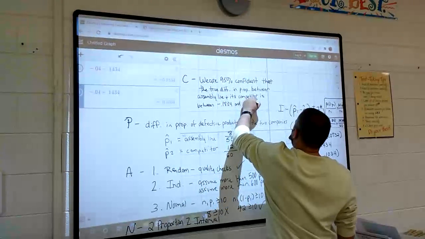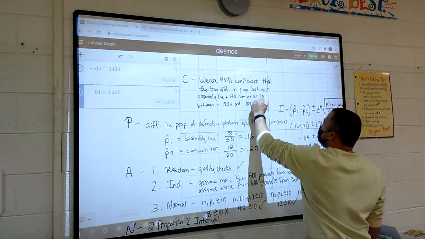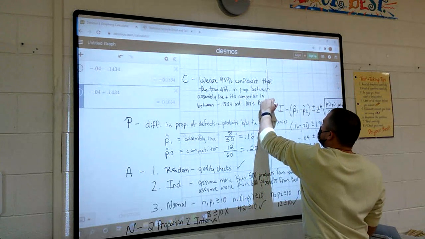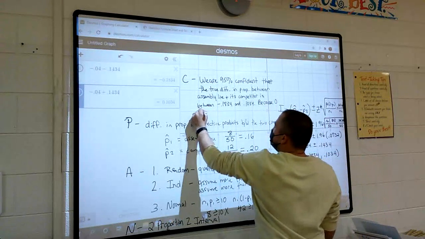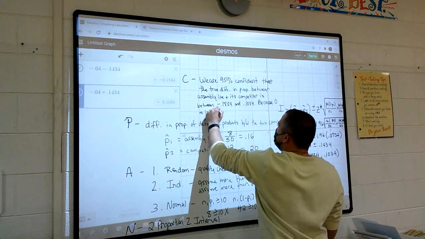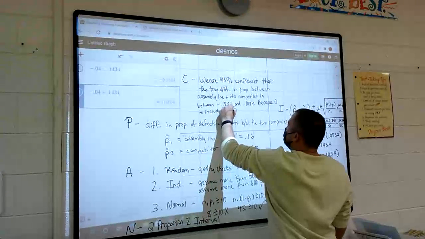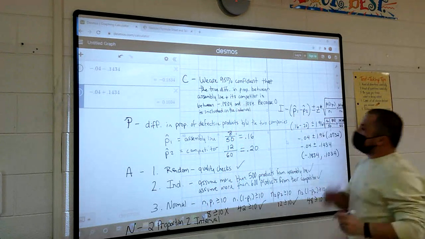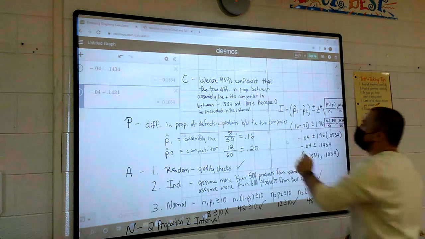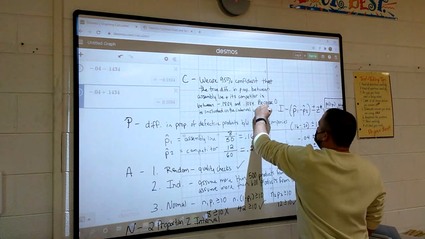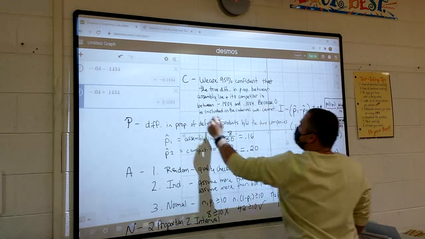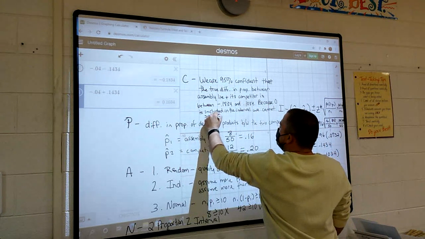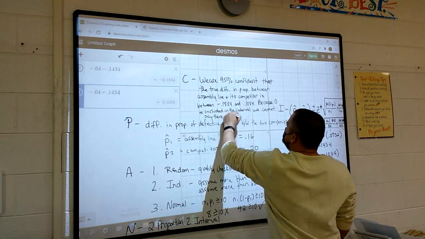Okay? So then we say because 0 is included in the interval, because remember, that's what we look for, is 0 in the interval or not. Because 0 is included in the interval, we cannot say there is a difference.